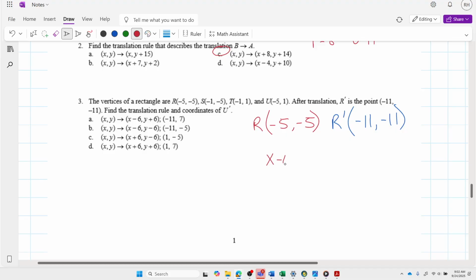And then look, the same thing is happening to the y values, going from -5 to -11. So that's going down 6, right? So that's y minus 6. So your rule is going to be left 6, down 6.